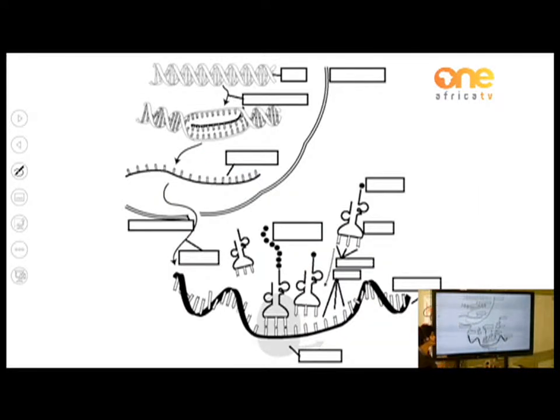And then, of course, protein synthesis. And I dare you, grade 12, see if you can fill in. Let's first fill in what is the name of this process. This process where the DNA comes and gets the code.